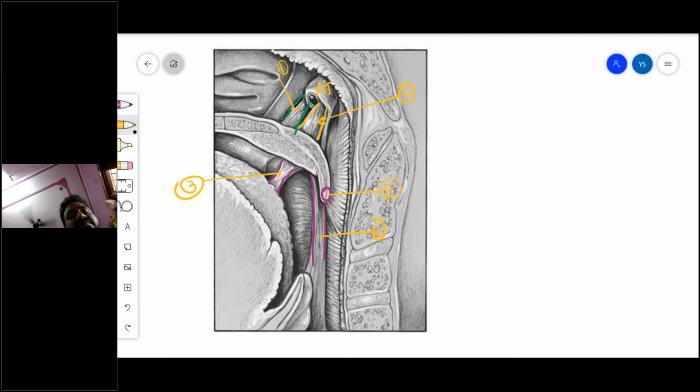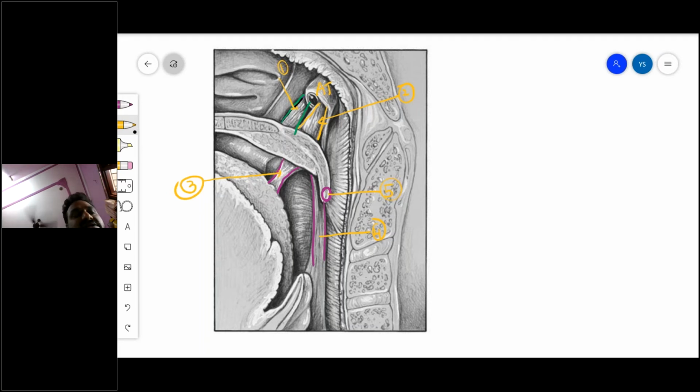Inside the auditory tube, number 1, levator veli palatini. Number 2, outside the auditory tube, tensor veli palatini. Very good.